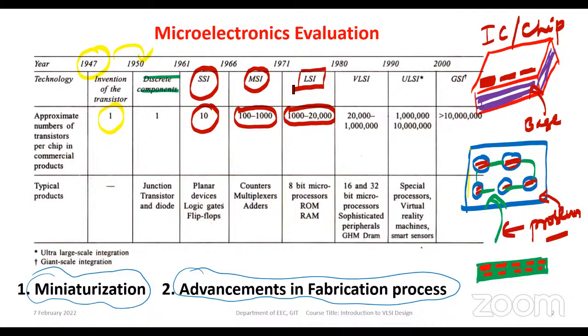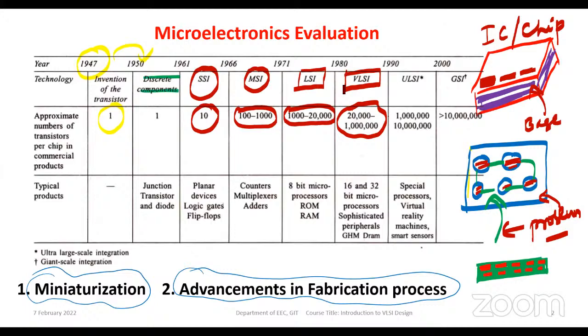It is also possible to provide more than 20,000 transistors, up to 1 million transistors. This type of IC is called a VLSI circuit, very large scale integrated circuit.